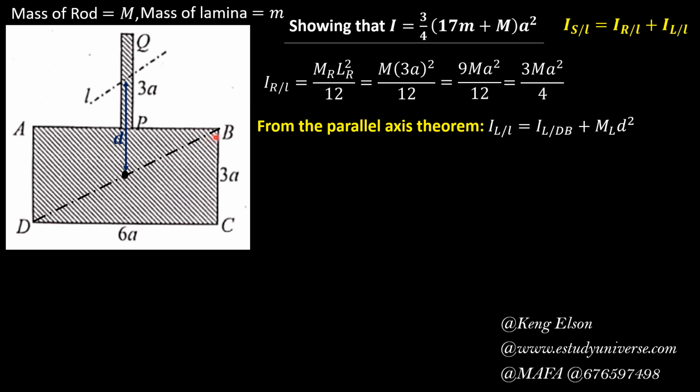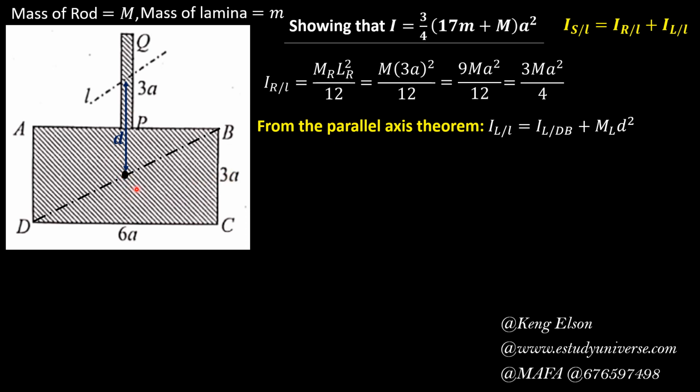So DB is parallel to L. That's why I'm using the moment of inertia of the lamina about DB, because passing through the center we can also have a vertical and horizontal.